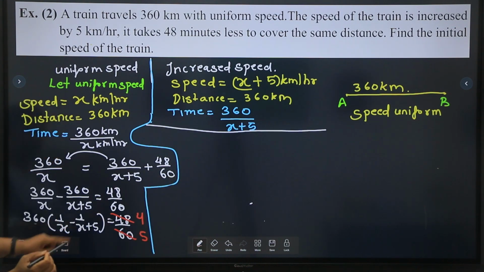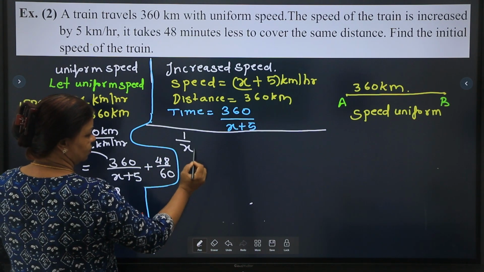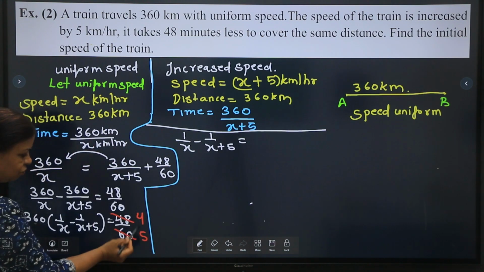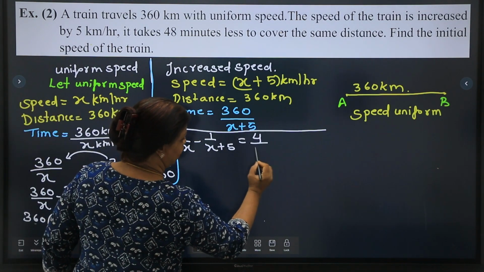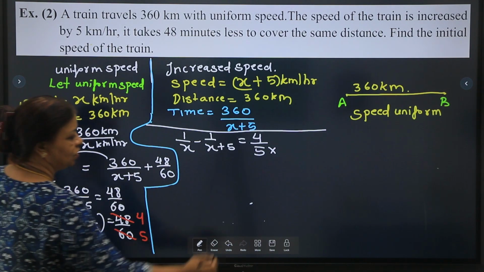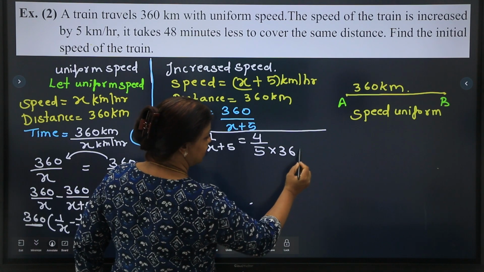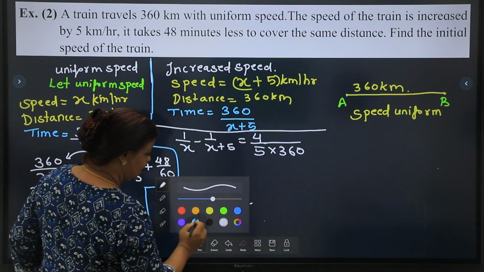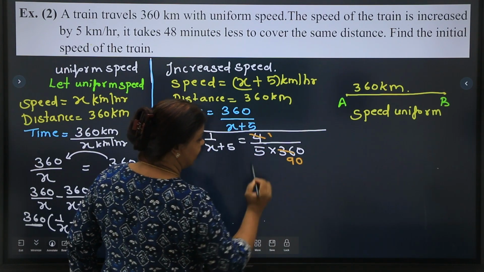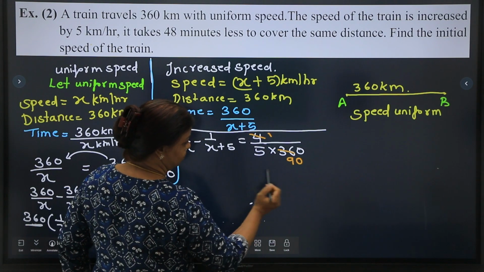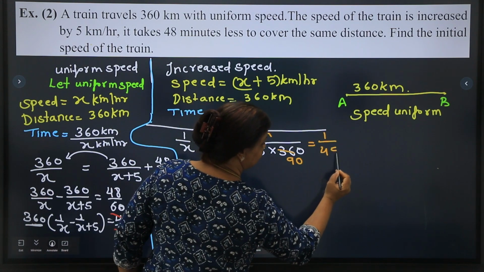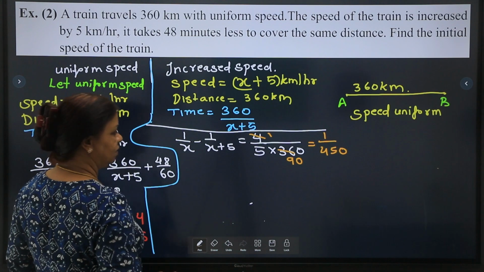Let us write 1 upon x minus 1 upon x plus 5 is equal to 4 upon 5, and this 360 which is here will come there into 360. Now children see, 4 will cancel, 4 ones are 4, 4 nines are 36, and we are getting 90. 5 into 90 we will be getting 1 upon 450.